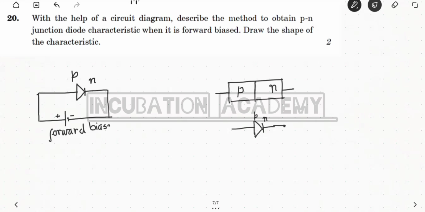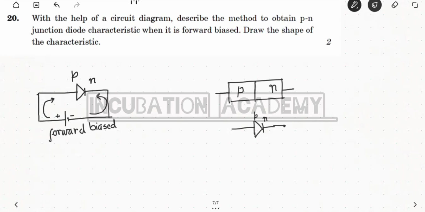Now let us dive into the basics: what happens if you connect a p-n junction diode in forward bias? From the positive side the holes are entering, and from the negative side the electrons are entering. Try to understand that.